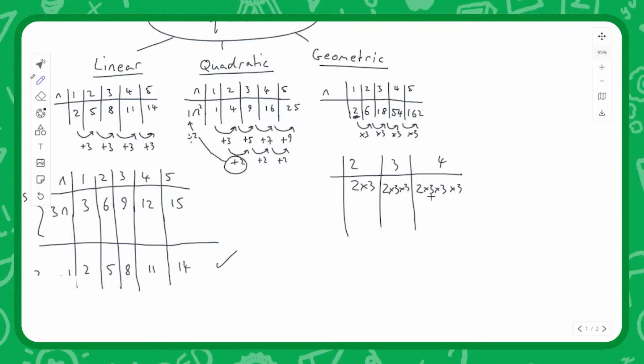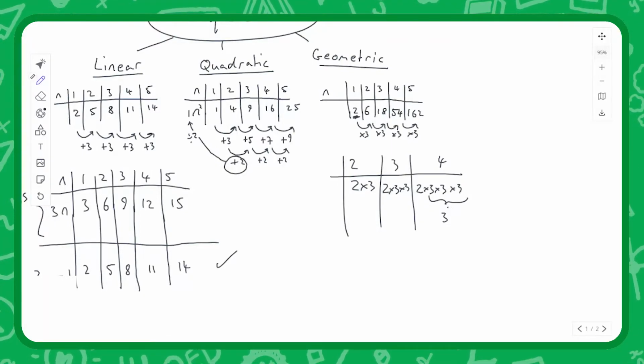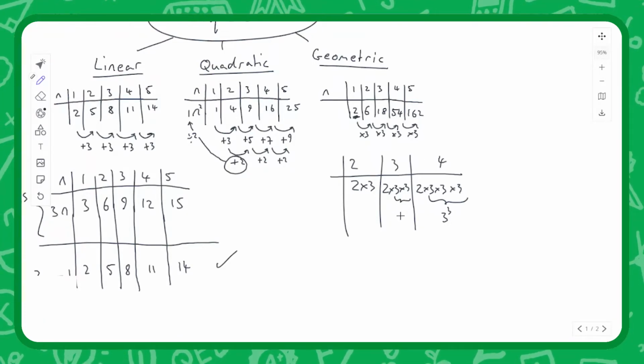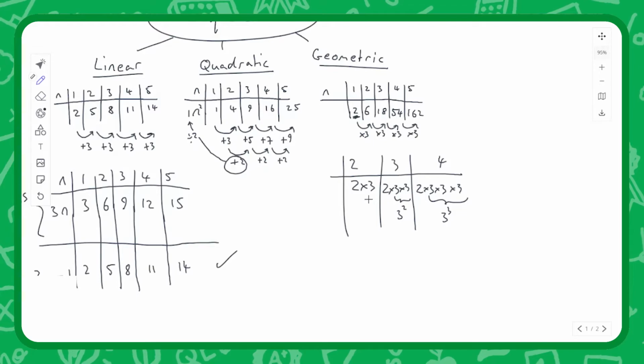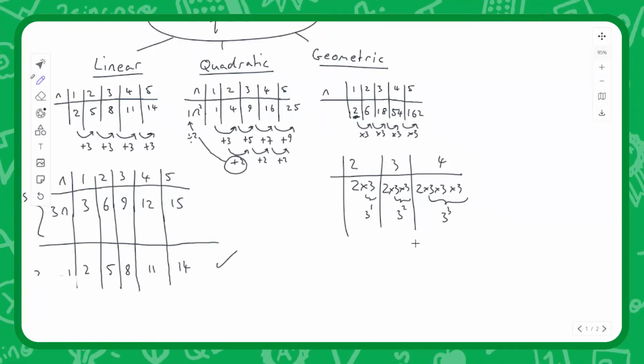Well, how can I write 3 times 3 times 3? 3 times 3 times 3 is just 3 to the power of 3. 3 times 3 is just 3 squared, and 3 we could think of as 3 to the 1.